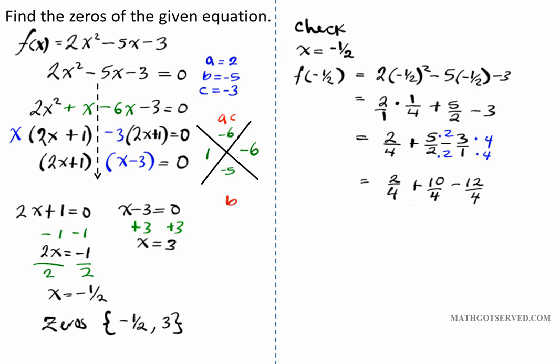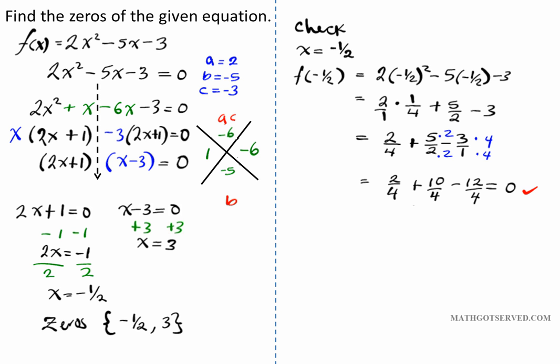If you combine this, you have 2 plus 10 is 12, minus 12, you end up with 0. And if you divide 0 by 4, your final answer is 0. Okay? Now, since this procedure resulted in 0, what does that tell us? It tells us that negative 1/2 is in fact a zero of the polynomial function.